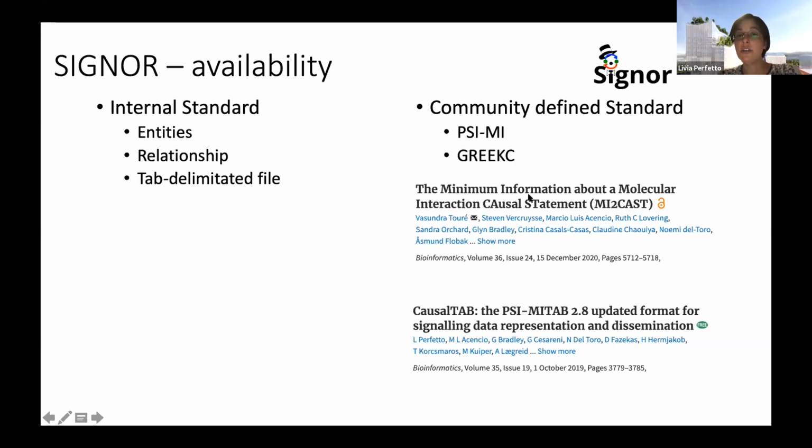Our interactions are curated in accordance with the MI2CAST, the minimum requirement for annotation of causal interactions, and we export our data as CausalTAB, a recently developed PSI-MI TAB 2.8 format developed to represent causal interactions. This standard has been developed under the umbrella of the PSI-MI and the Global Core Biodata consortium.